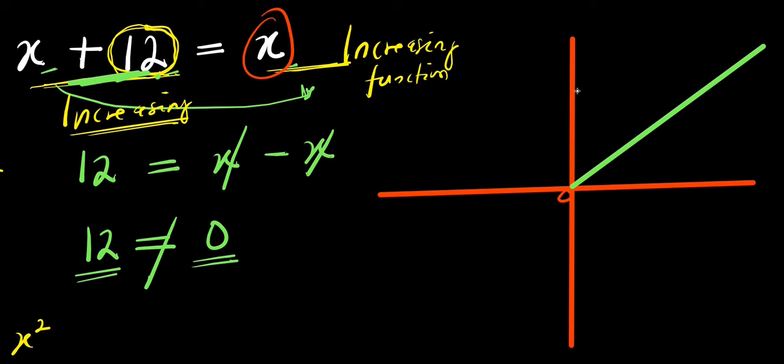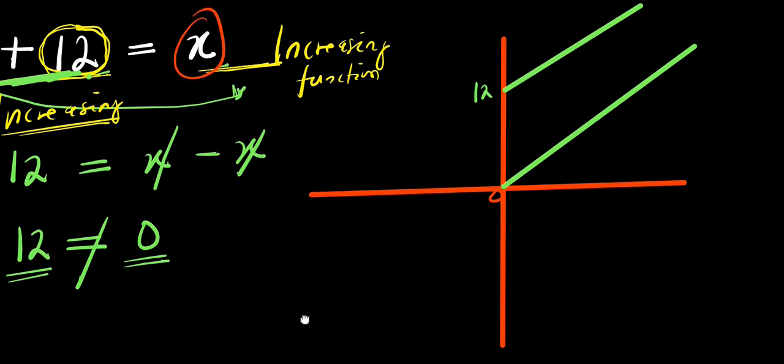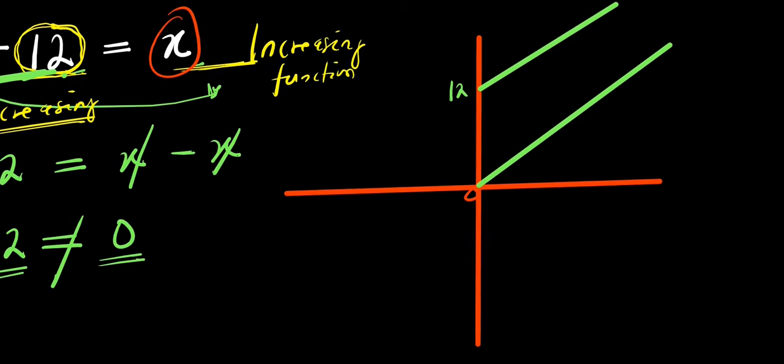So this one can be from this point here, and it goes that way. Now, this is 0, this is 12. So this is 12 steps ahead of this, meaning that we have two parallel lines.